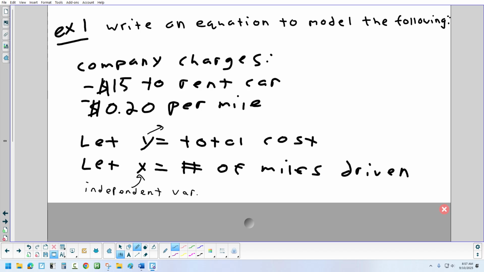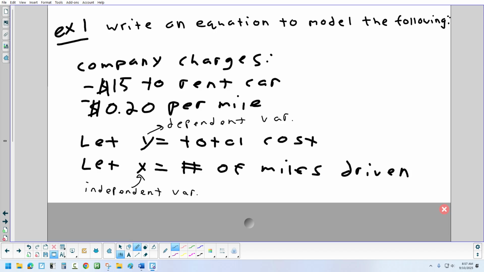And does anybody remember, using similar terminology, what the Y is called? That's the dependent. So the independent variable is the one you are in control of. The dependent variable is the one that you don't directly control.